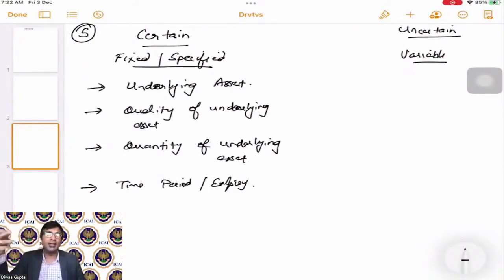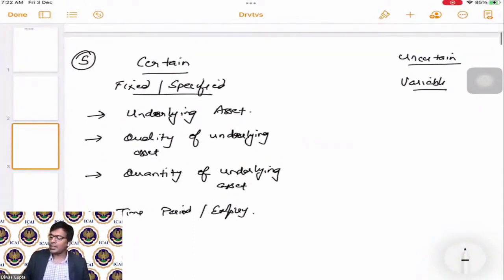Now, can anyone tell me what things will be uncertain? What all things will fall into the uncertain category? Just think and let me know. Or I can say, what is one thing which is variable? We have already discussed it.